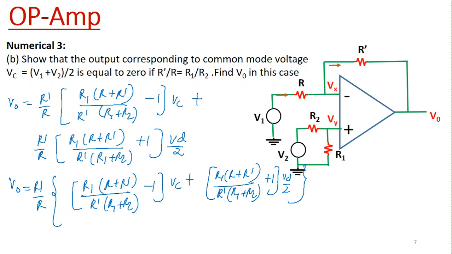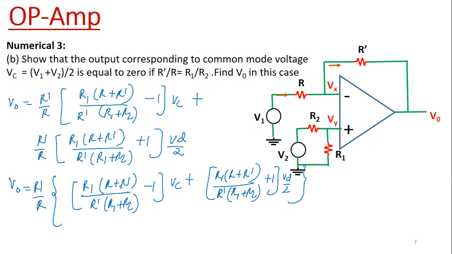Now we see that in the numerator we have R1 and in the denominator we have R dash. So we can divide by R dash the term R plus R dash, and we can divide R1 plus R2 by R1.